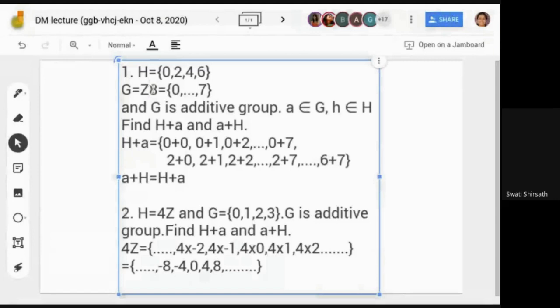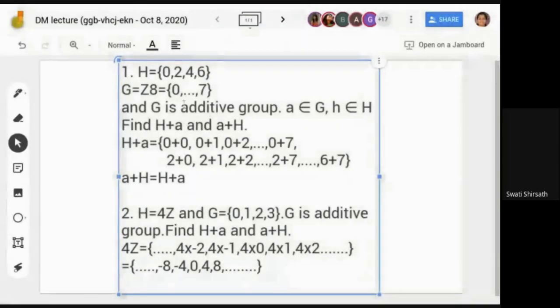Yes, because this is your plus, no? I should write plus also. Z8 with plus is modulo 8 under addition. So that is why we always take it from 0 to 7. When there is Z8 or Z9 or Z7 under the operation addition, you'll consider all positive numbers.